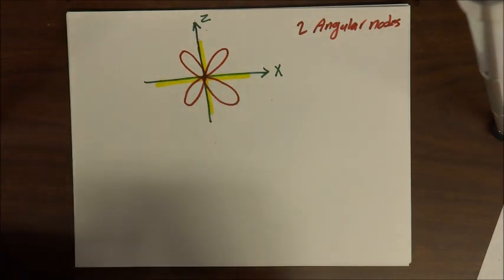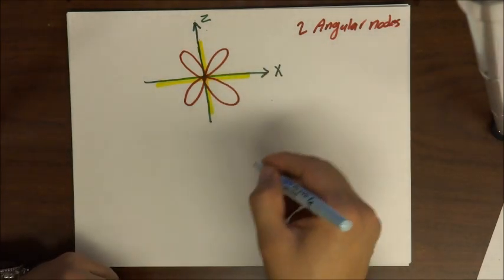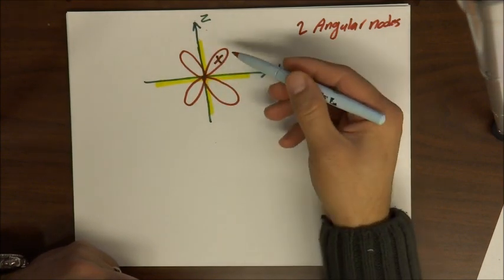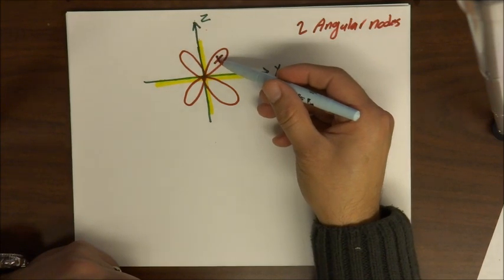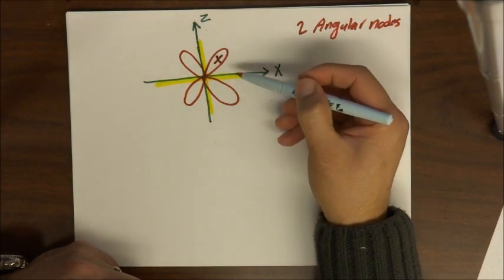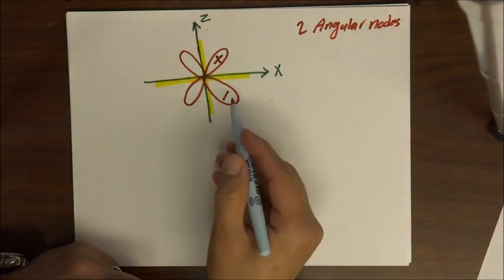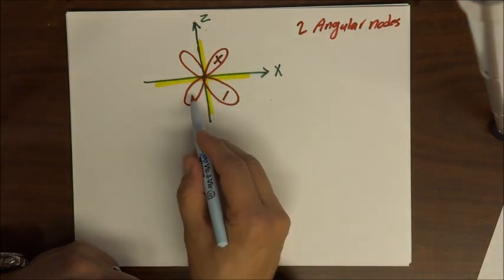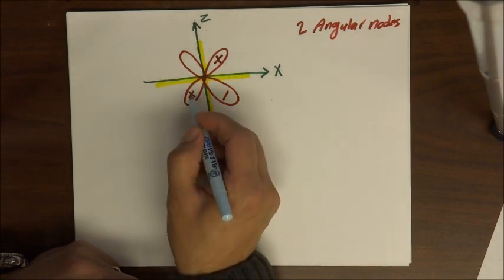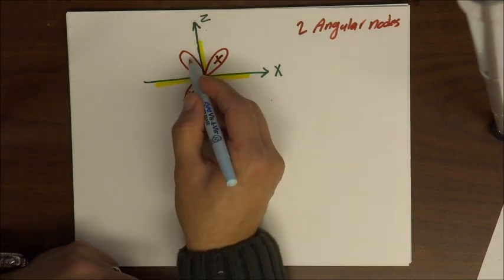Now start by giving a sign to one of the lobes, for example, positive. Positive we turn to negative by this angular node. Negative will be positive by that node, and positive will be negative.